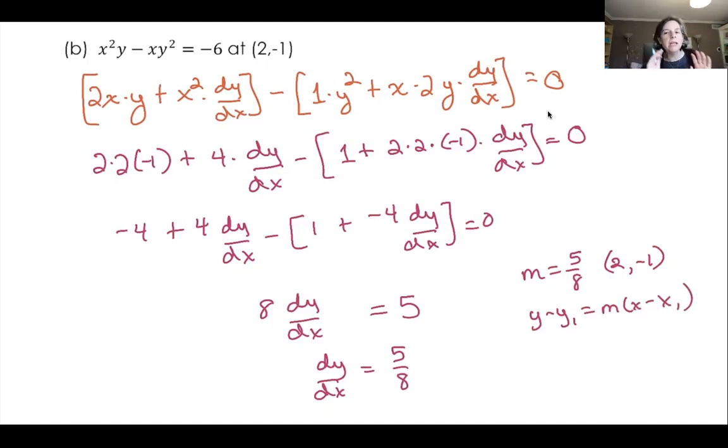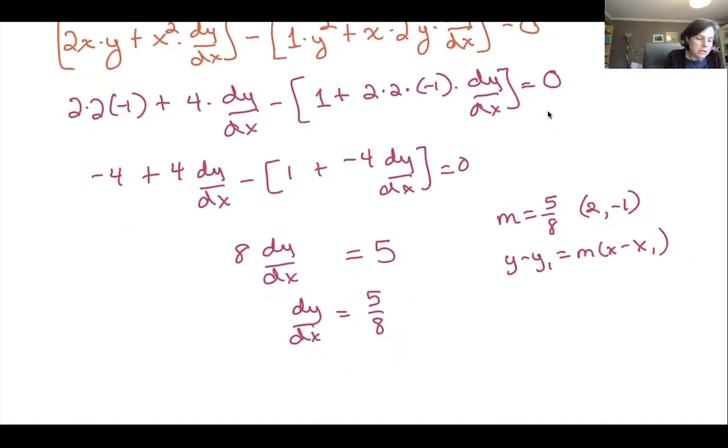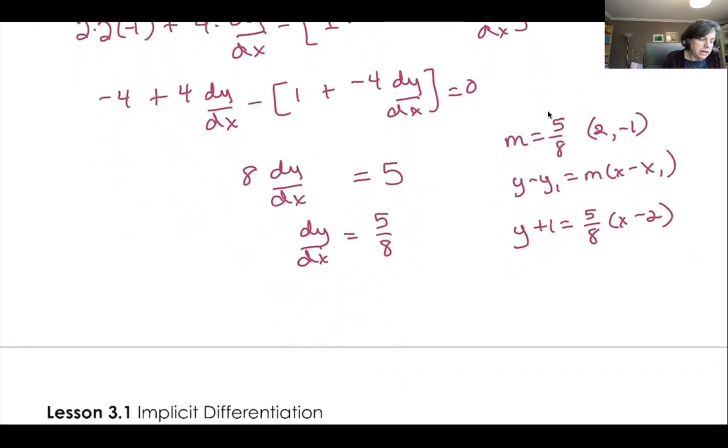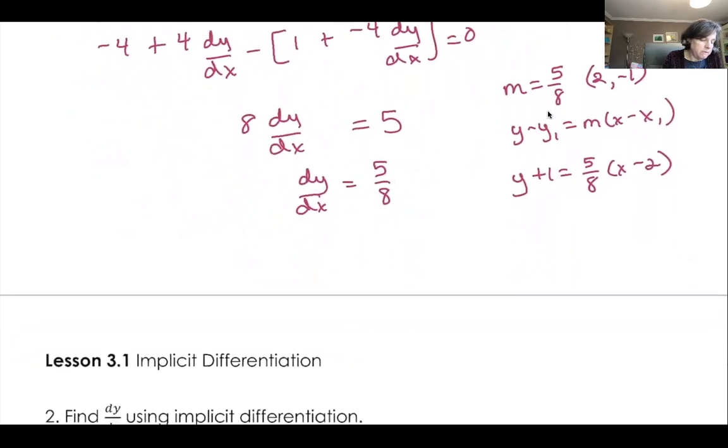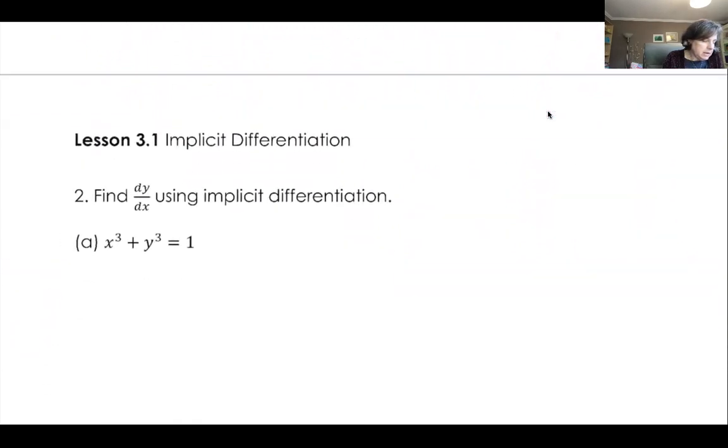There's just a greater chance of making an error because all you have to do here is plug in y minus -1, slope is 5/8, x minus 2. You don't have to simplify. You can stop right there. Okay. So it's really quick and less calculation than if you're trying to do the y equals mx plus b as a way to solve. All right.